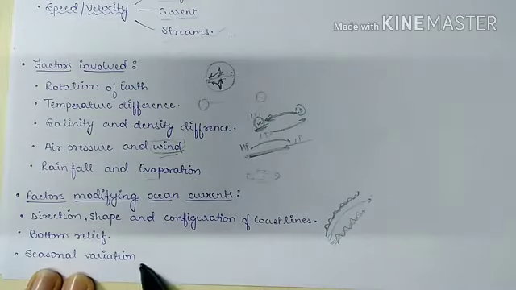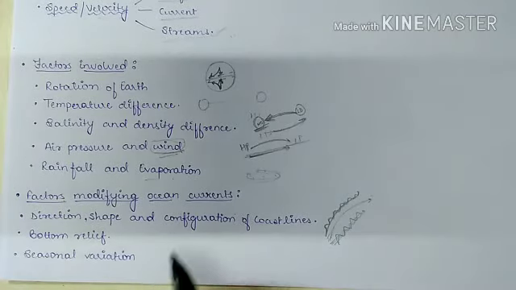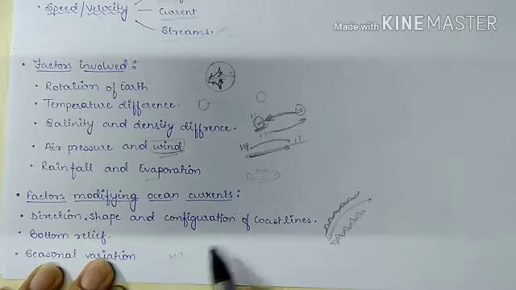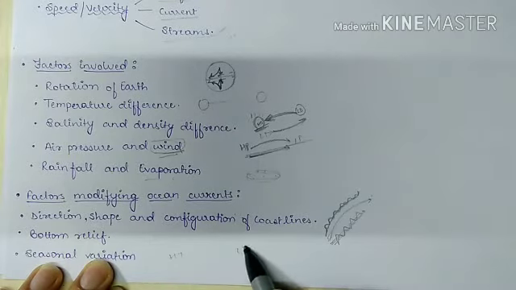Then we have seasonal variation. Consider that we have high temperature in one area and lower temperature in another one. So water will always move from the high temperature area to the lower temperature area.